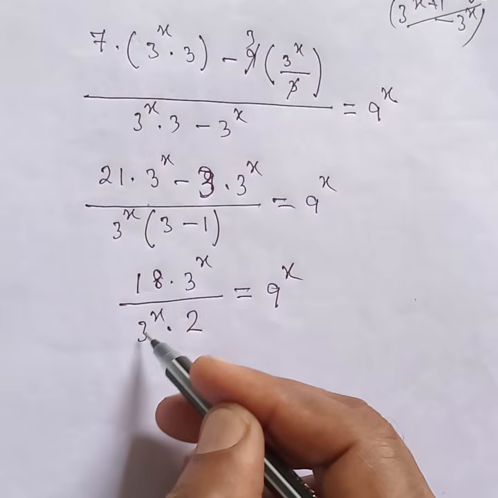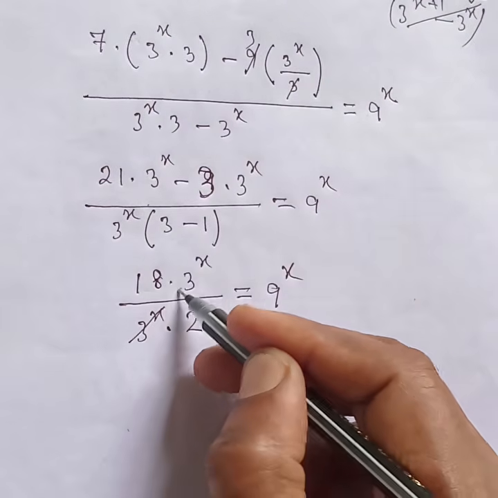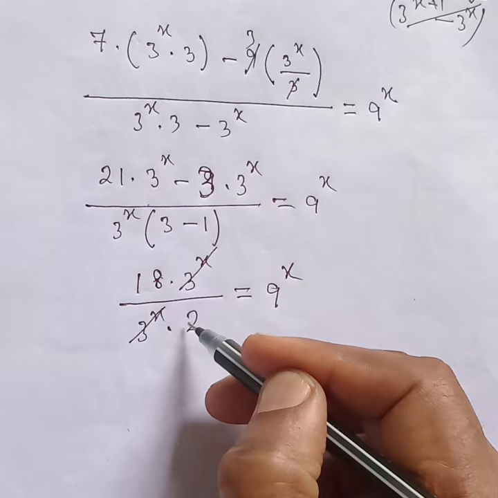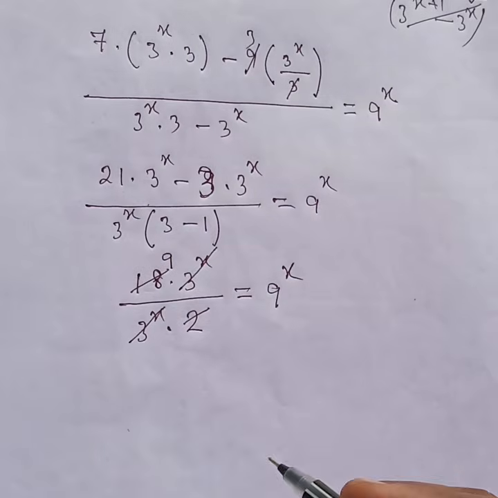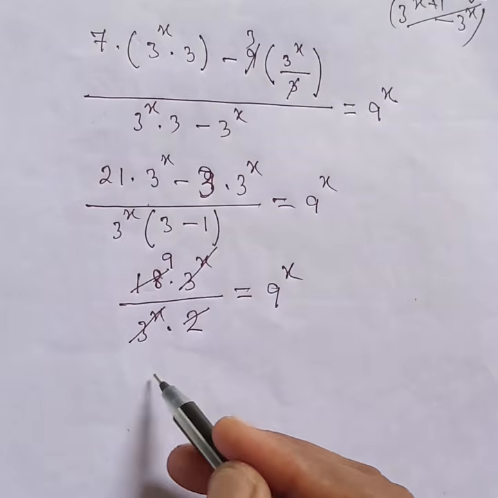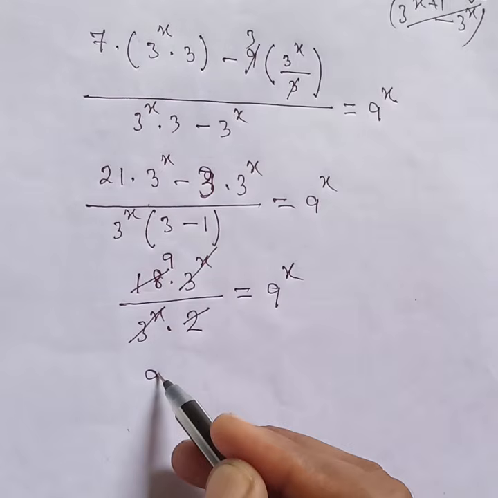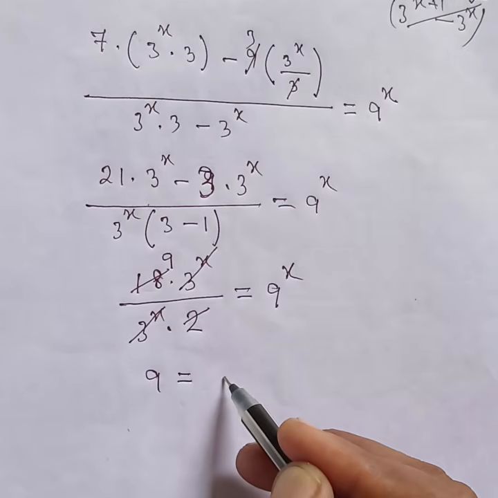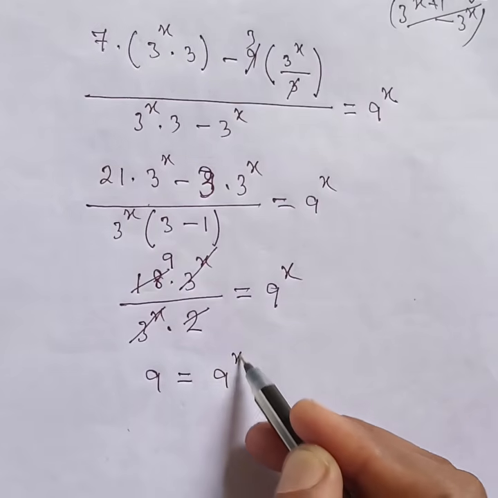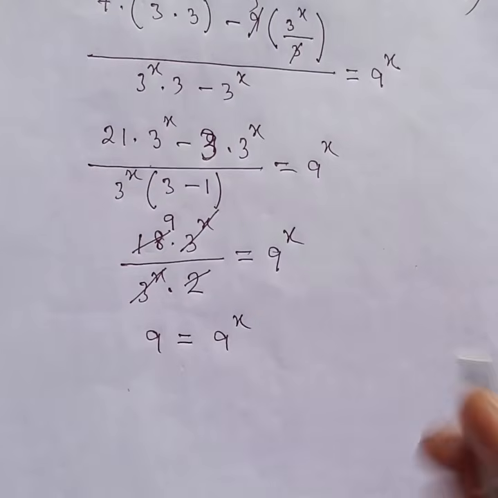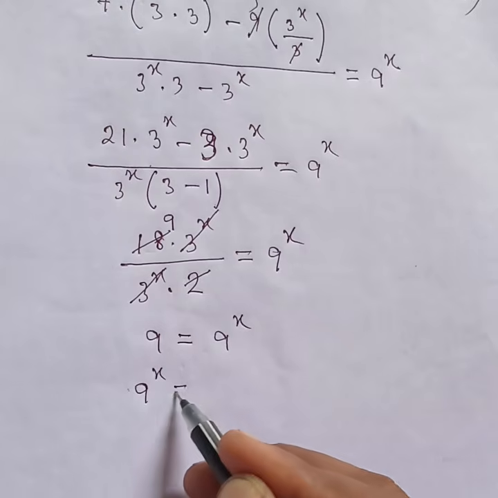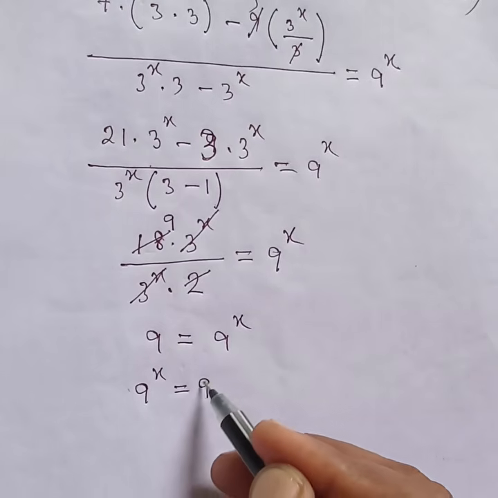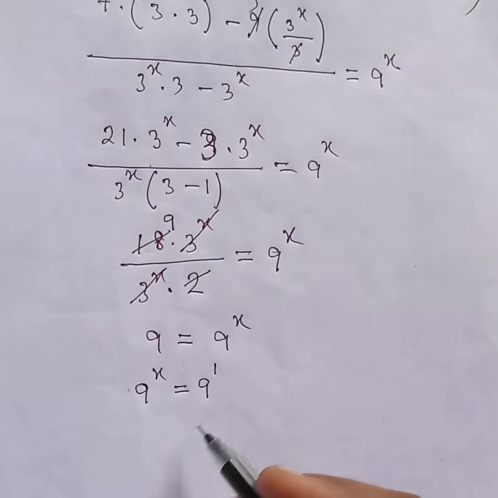Now this 3 to the power x and 3 to the power x cancel. 2 nines are 18. Therefore we get 9 is equal to 9 to the power x. That is, 9 to the power x is equal to 9. 9 means 9 to the power 1.